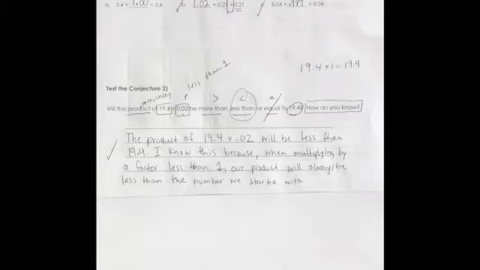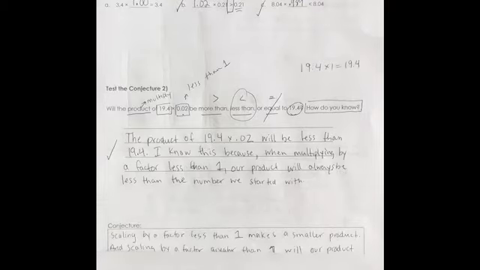So I'm going to give you our conjecture for today, and then we're going to review TTC number 1 and TTC number 2, and see if our conjecture held true or not. Our conjecture says that scaling by a factor less than 1 makes a smaller product, and scaling by a factor greater than 1 will make our product larger.